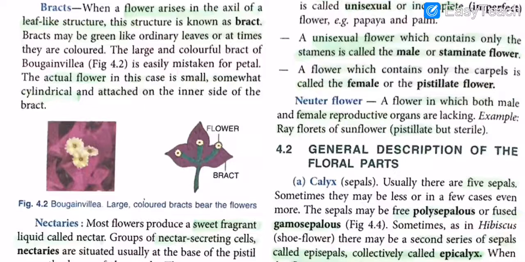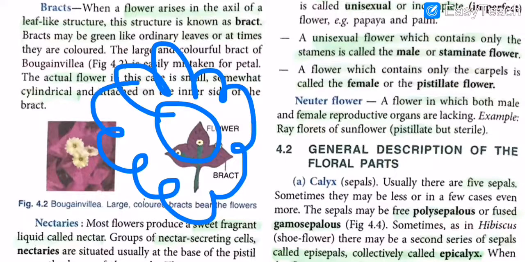When you look at it, both of them look almost the same. For example, if this is my flower and this is my stem, the leaf will come like this. It will grow in such a way that it looks like a petal, and people normally think, what's the petal doing down there if the flower is up there? It looks very similar, and this structure is known as a bract.